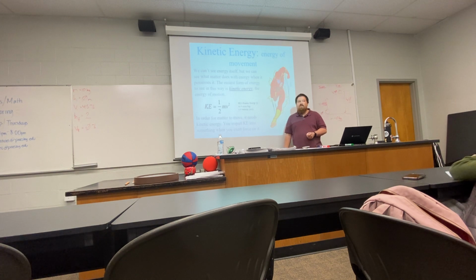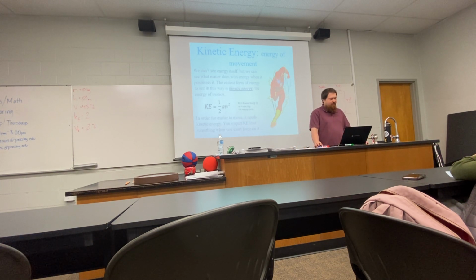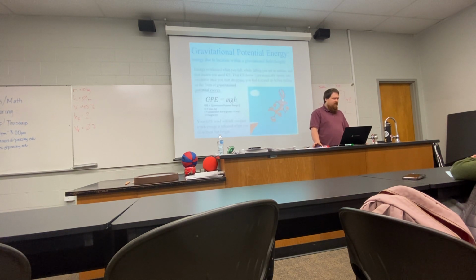If you see mass with a velocity, it has kinetic energy and needs that energy to move. The other form was gravitational potential energy, the energy stored in the ability to fall. GPE equals mgh, where g is the acceleration of gravity, 10, and h is current height above the lowest point it can fall to.